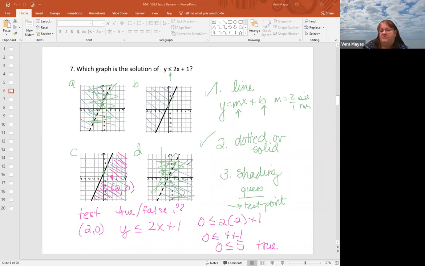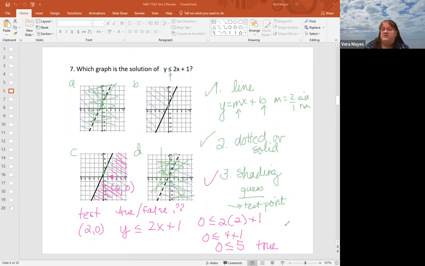So there are 3 steps to do these. Get your slope and your intercept, use it to get your 2 points, decide if it's dotted or solid based on whether there's an equal bar underneath your inequality or not, and then do a test point so you can see which way to shade. If your teacher's given you a pencil and paper test, this is exactly what they will be looking for to distribute the points. And if you're on Lumen, this is more what it will look like.